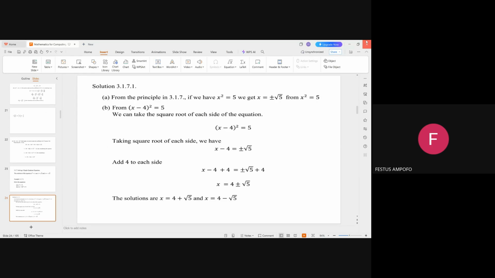Exactly. So that is plus or minus square root of 5. And the b part should get x is equal to 4 plus or minus square root of 5. Yeah, write it this way, or you can expand it like this.